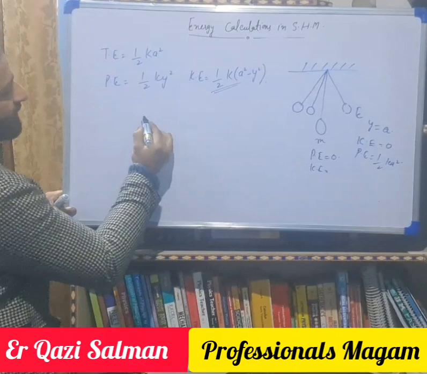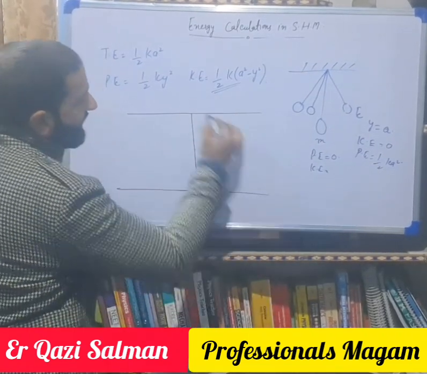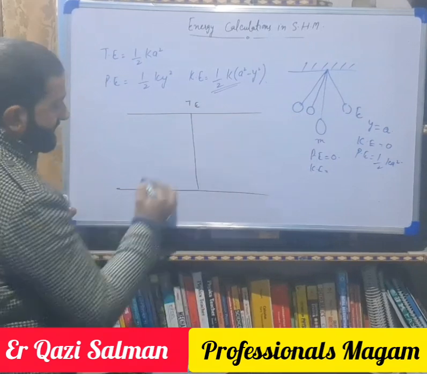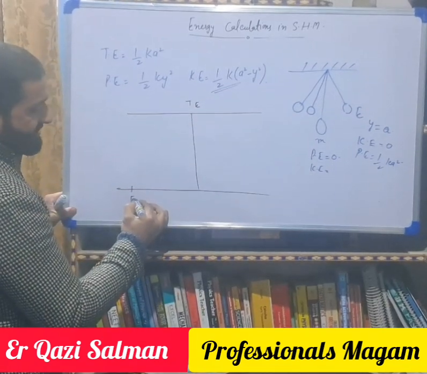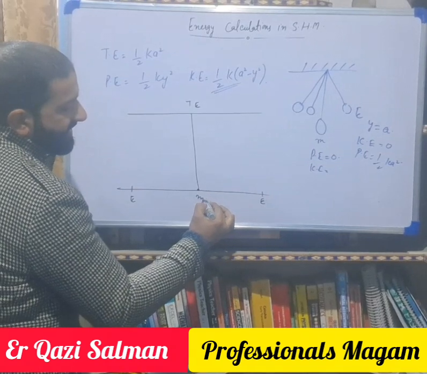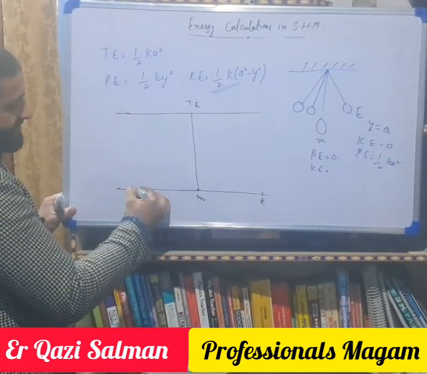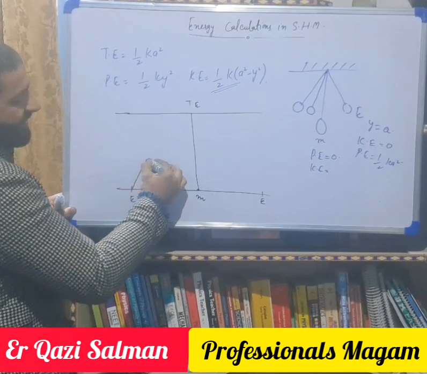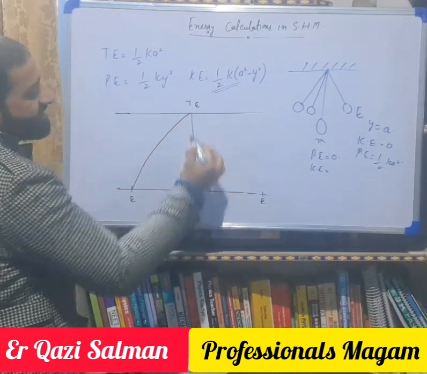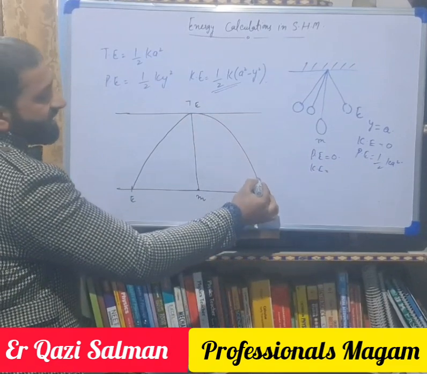If we pull out a graph of the total energy, we will see that this line is the total energy, this is the extreme position, this is the other extreme position, and this is the mean position. At the extreme position, kinetic energy is equal to 0. It keeps on increasing until it is maximum at the mean position and then goes on decreasing.